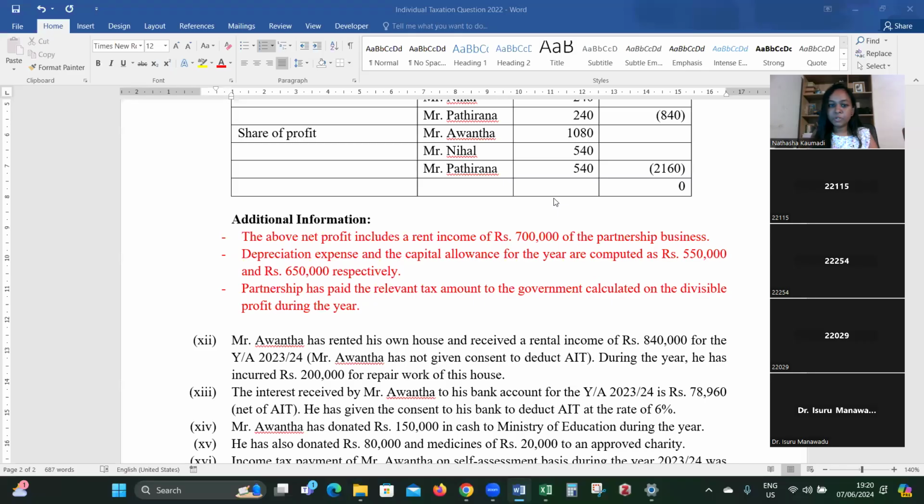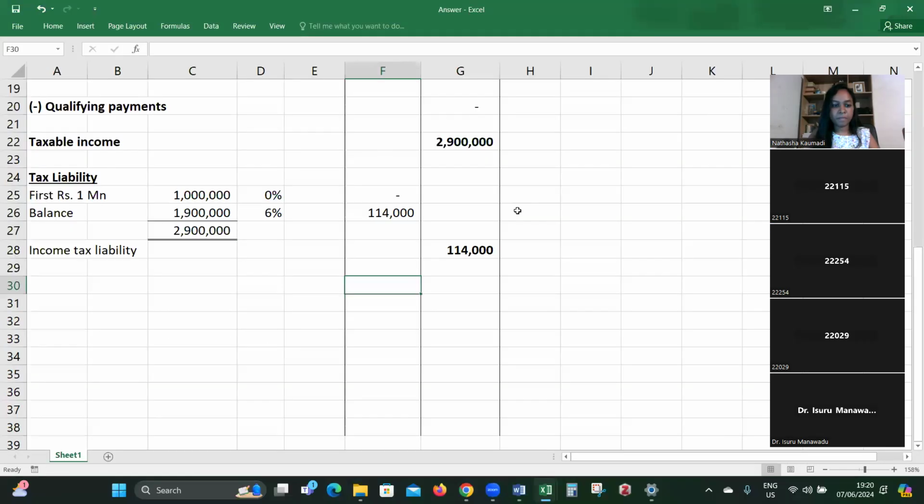So, distribution of taxable income. Just write it. Distribution of taxable income. So, we are going to distribute this taxable income among these three partners. So, we need 4 columns here. That would be easy for your representation.